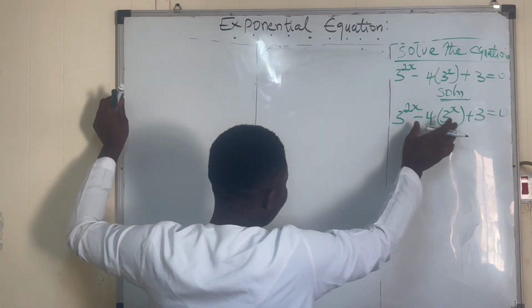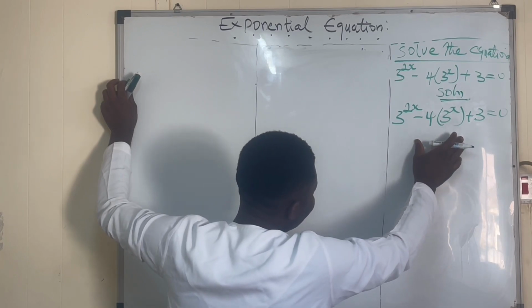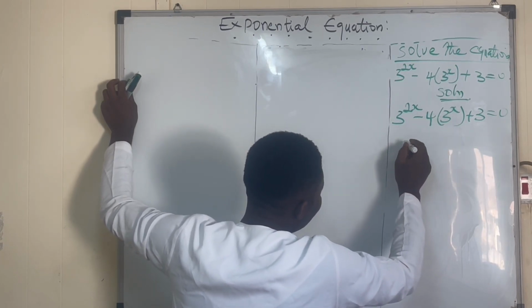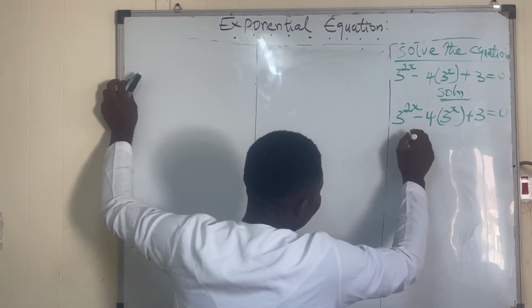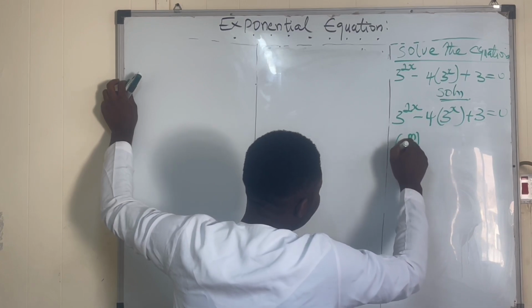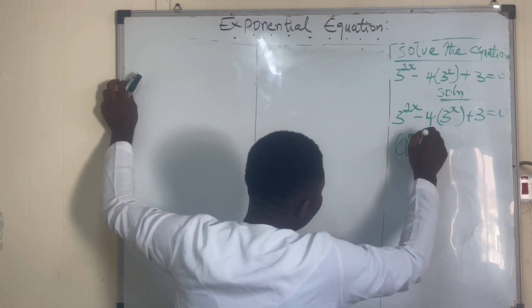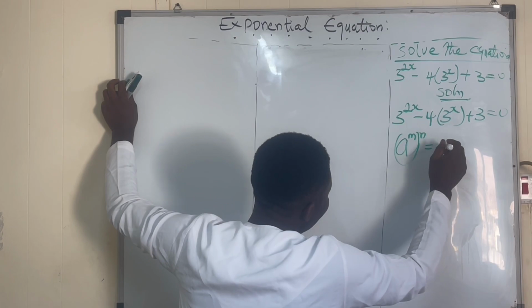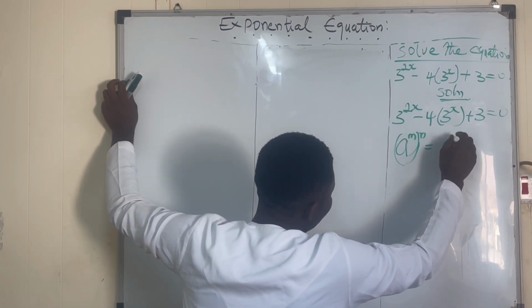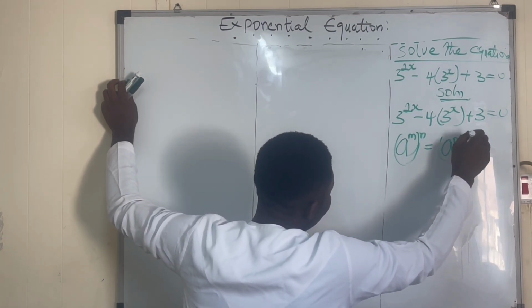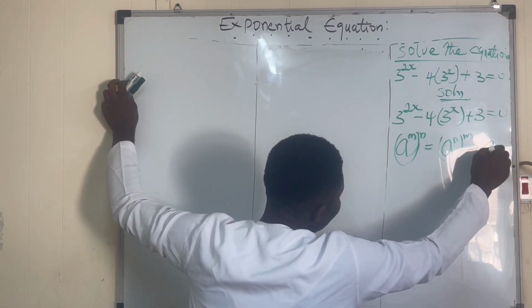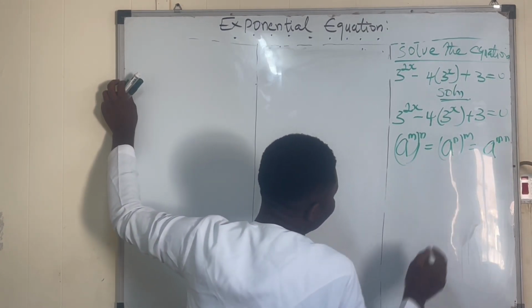After writing your solution, you can agree with me that a raised to the power of m, all raised to the power of n, is the same thing as a raised to the power of mn.